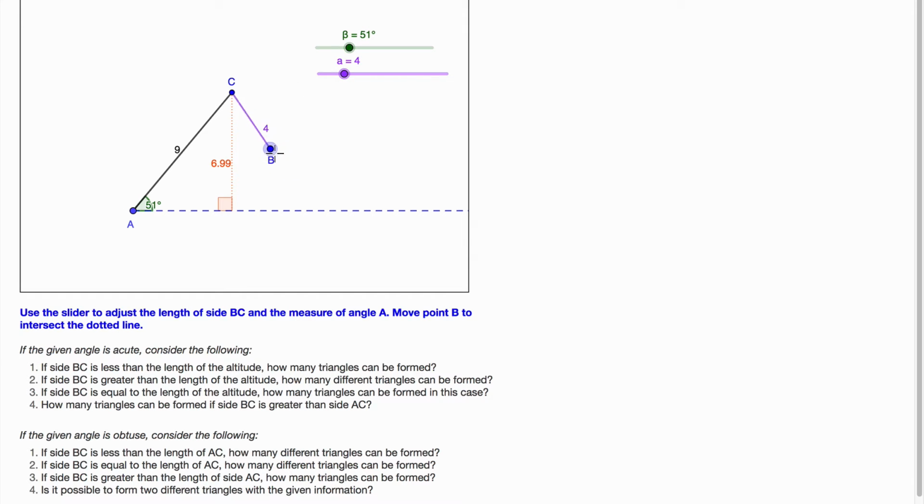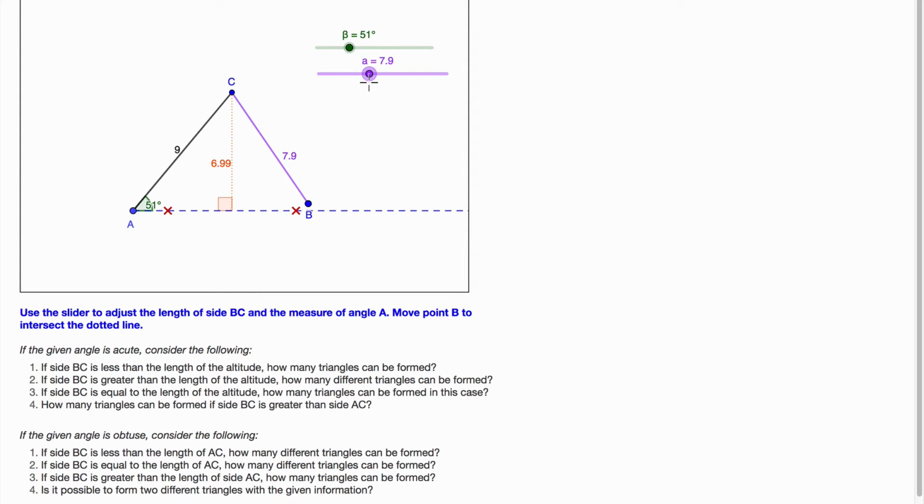Because this is variable, this point acts like a hinge that the side opposite our given angle can rotate along. If I take this side and try to make it hit the base here, we can see that it's never actually going to hit the base.